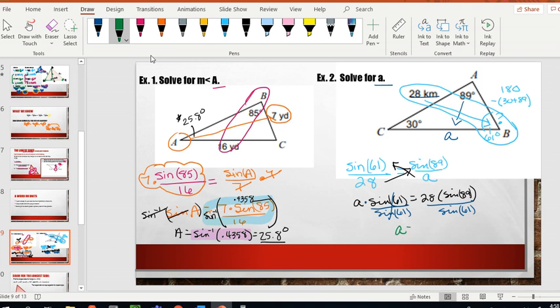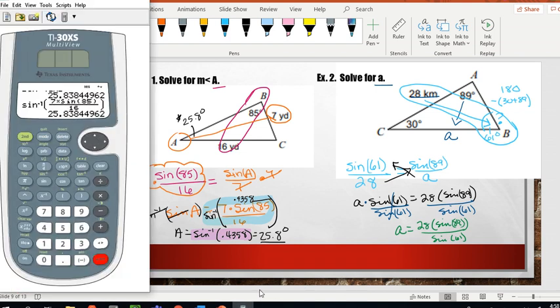That leaves you A equals 28 times sine of 89 over sine of 61. Okay? With that said, this could be a multiple choice answer, but in this case, it wants to know how many kilometers.